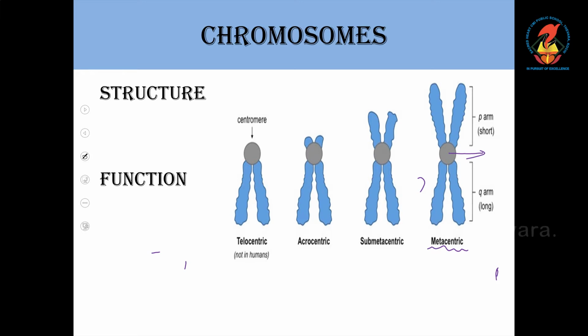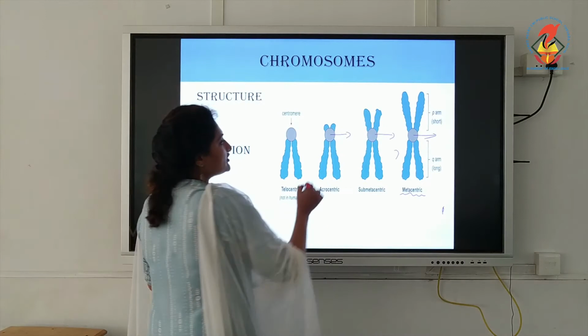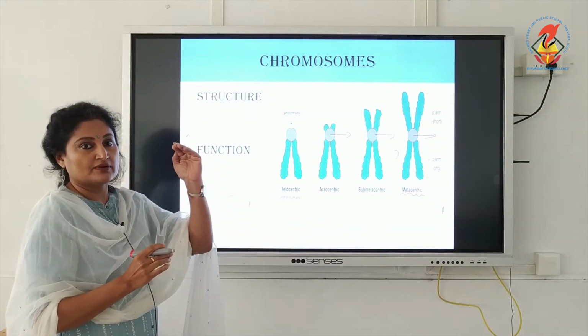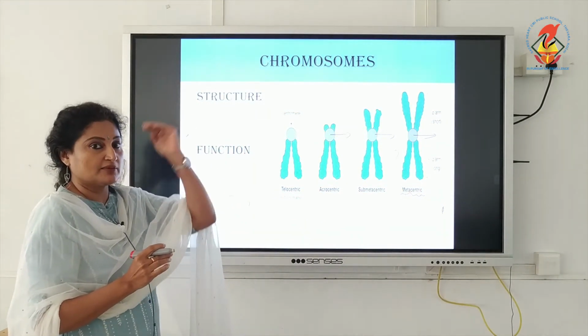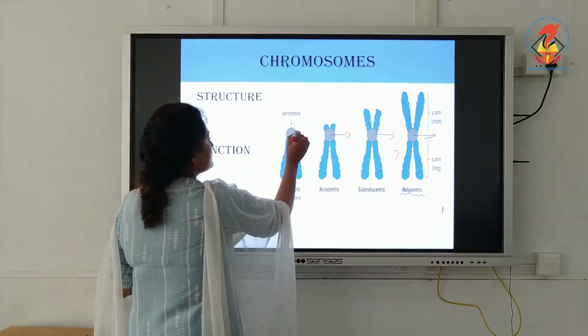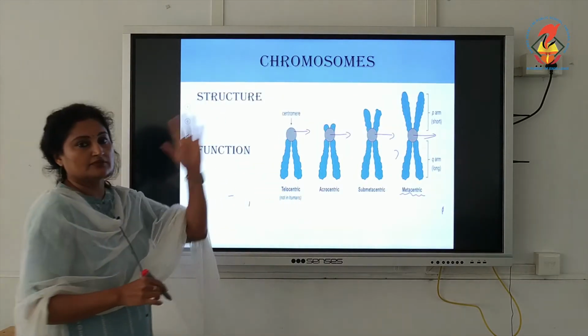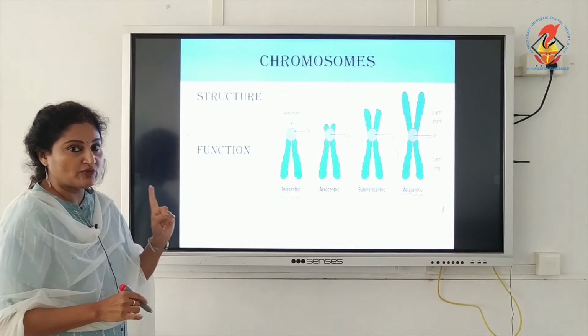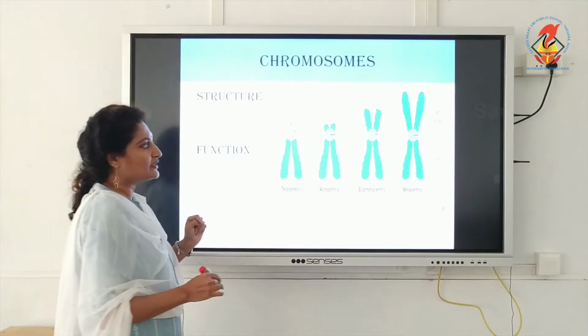In submetacentric, the centromere is slightly away from the center. Acrocentric, the centromere is towards the tip, very close to the terminal end. And telocentric, the centromere is located at the terminal end. So, I emphasized only one point, the location of the centromere.